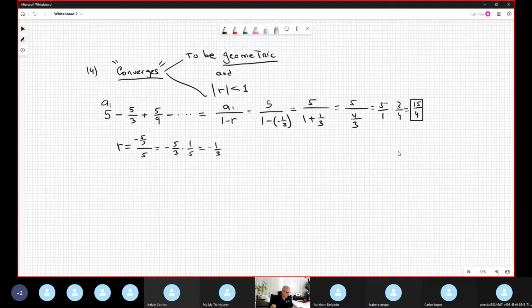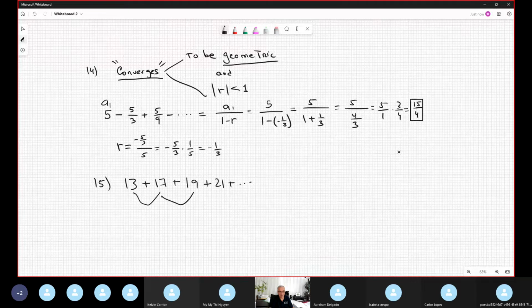Number 15 is very easy, because in question 15 you see 13 plus 17 plus 19 plus 21 plus and so on. I have no idea what that is, but obviously it's not geometric. You divide this one by this one, it gives a different number, and so it's not geometric.